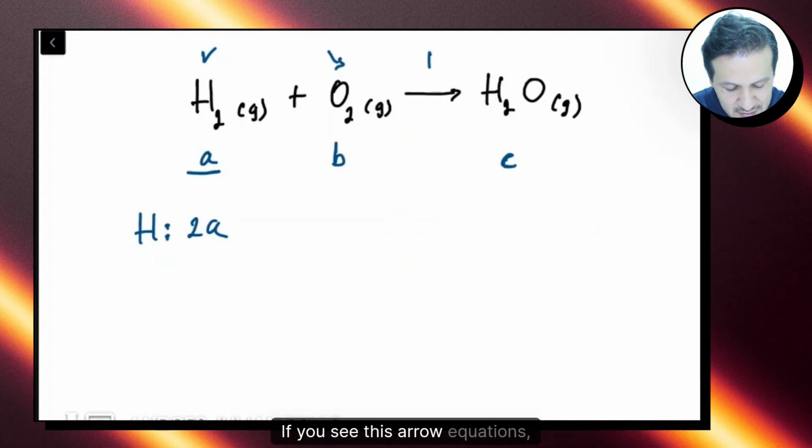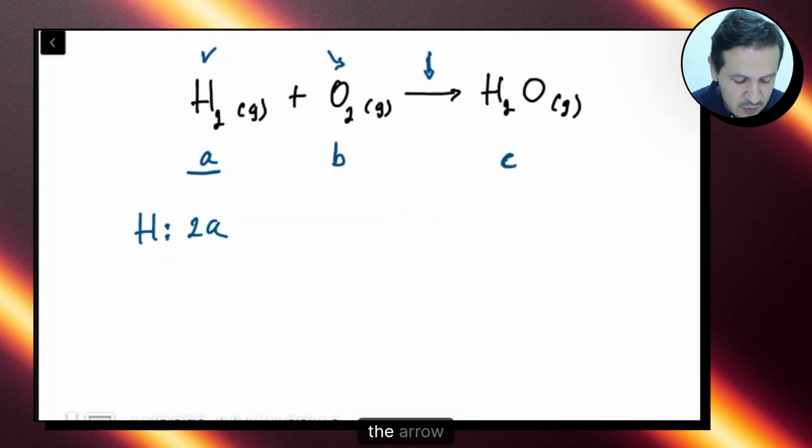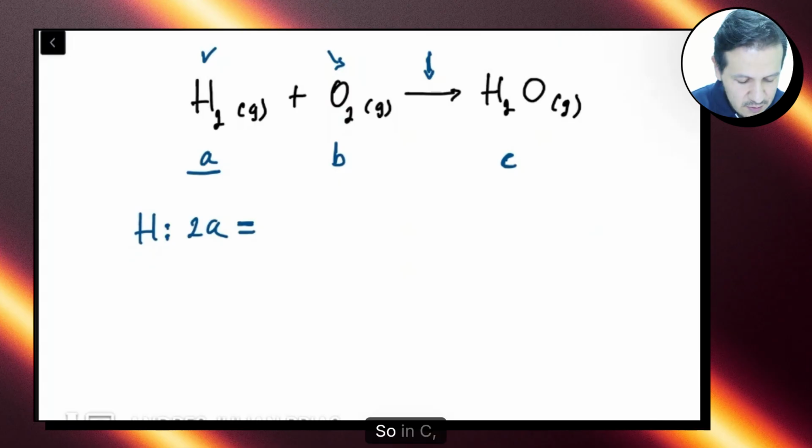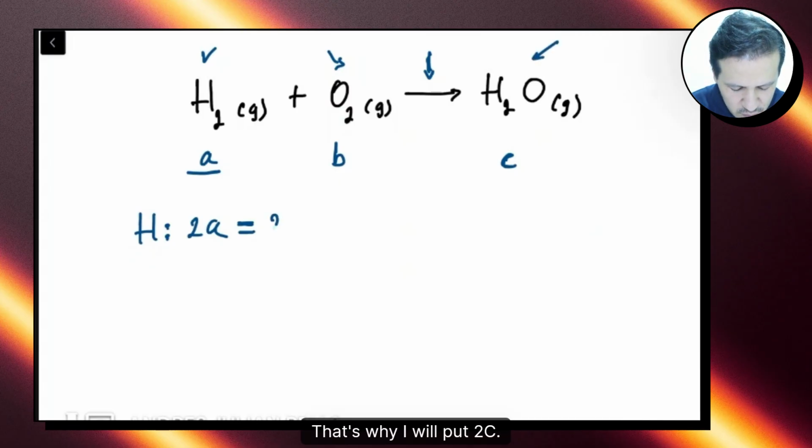If you see this arrow, in those mathematical equations the arrow will be replaced by an equals sign. So that's why I put the equal sign here, and I will count the number of hydrogens for the letter C. In C, which is water, there are two hydrogens, that's why I will put 2C.